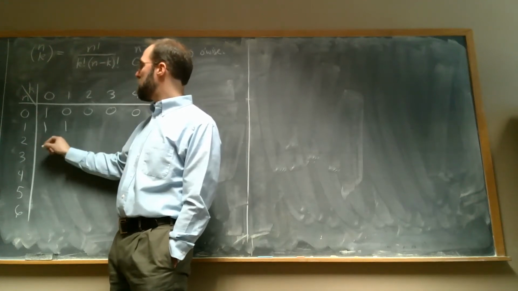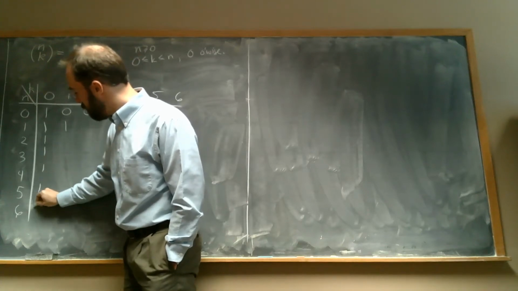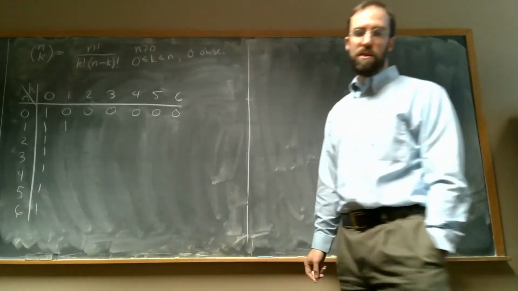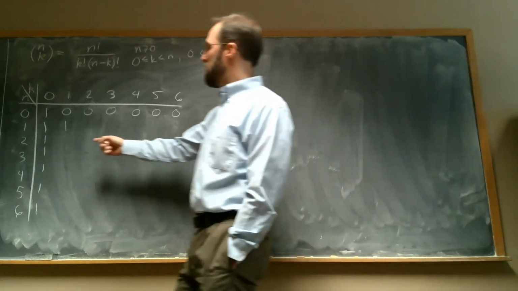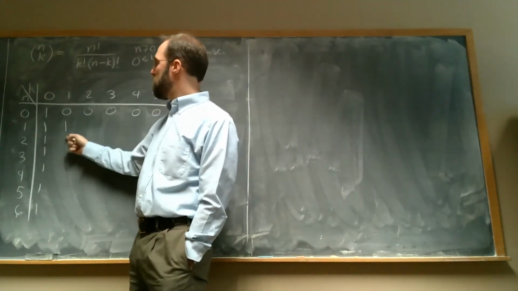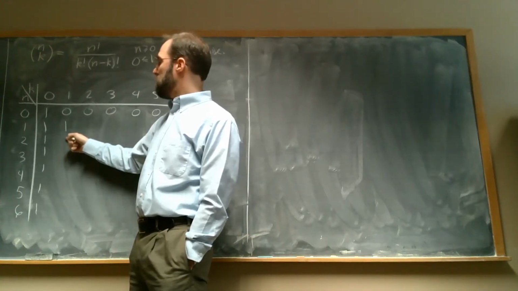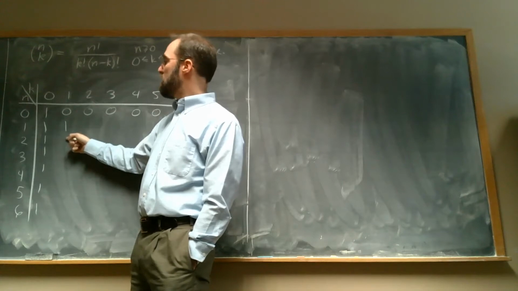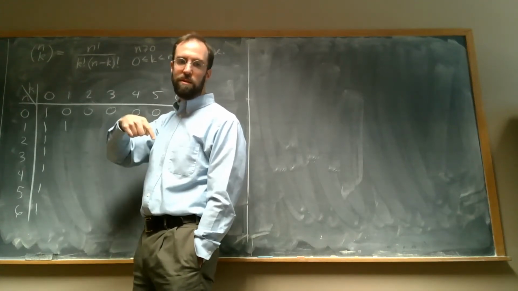Okay. When n is 2, again, these are all 1s. So we saw in the last video that anything choose 0 is going to be 1. I have one way to choose nothing. Okay. How about here? So n is 2 and k is 1. We could just think about how many different ways I have to choose one thing out of 2. Well, there's 2 ways. I can choose this thing or I can choose that thing.